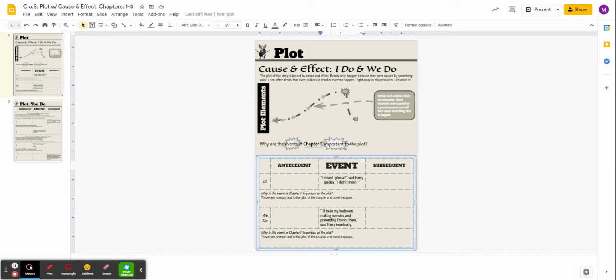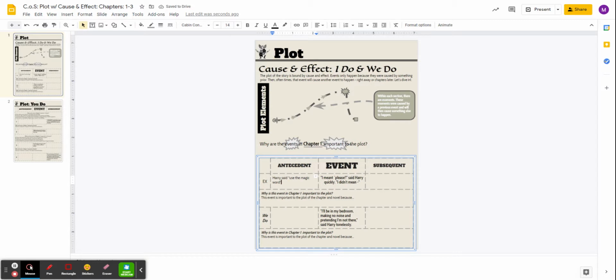So an example is, "I meant please," said Harry quickly. "I didn't mean..." So we need to go back in chapter 1 and understand what happened: Harry said, "use the magic word."